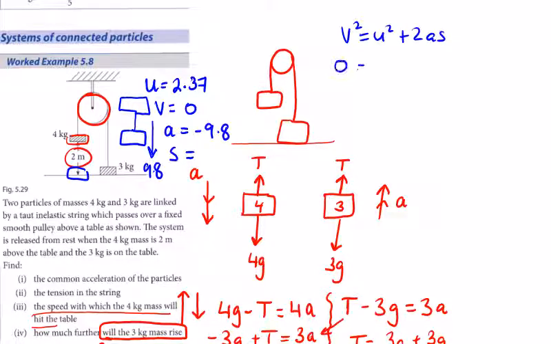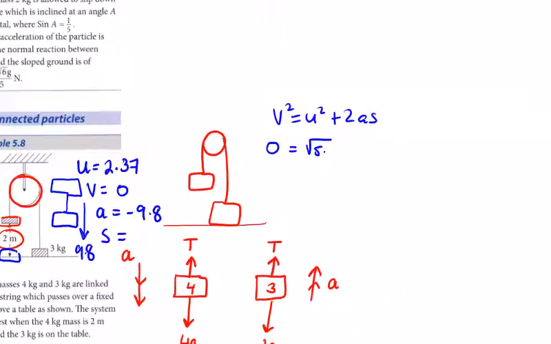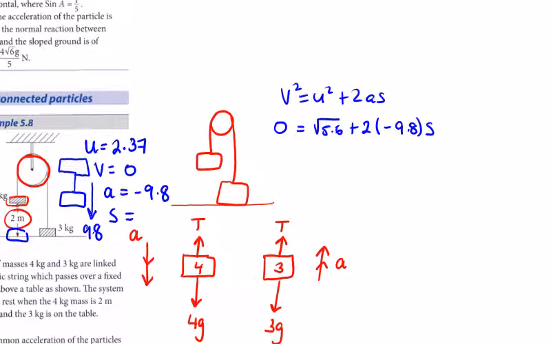So my 0, because it stops at the top of its motion, is equal to, well, that 2.37 was rounded off. It was the square root of 5.6, wasn't it? So the square root of 5.6, squared, plus twice by minus 9.8 by the distance that it's going to travel.